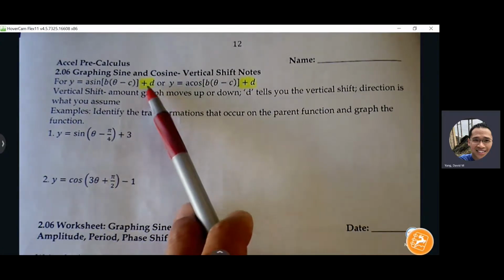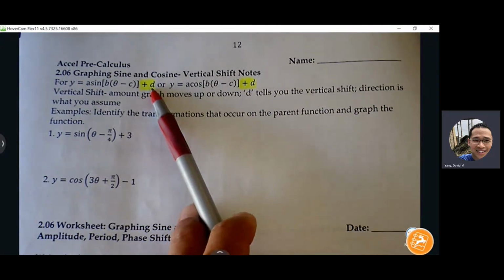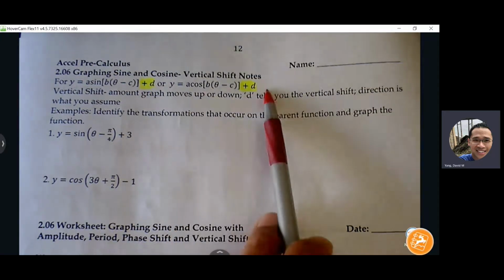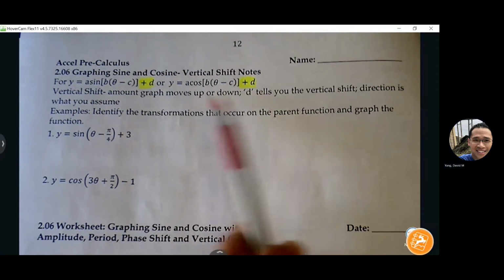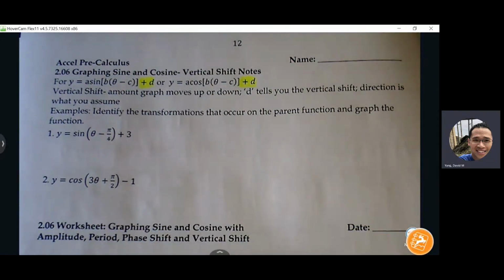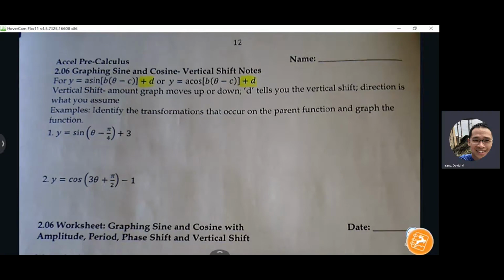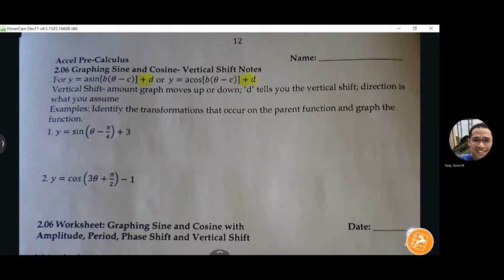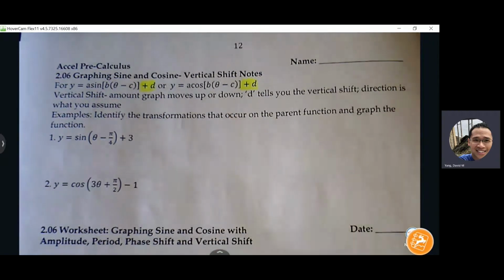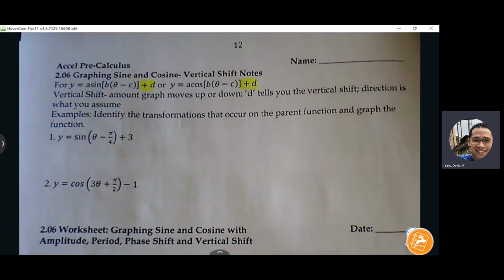A positive number is just going to move that graph up however many units. If it's +3, then it's going to move up 3 units. If it's -3, it's going to move it down 3 units. It's the phase shift inside that is opposite: right is negative and left is positive. But the outside number, up and down, is straightforward.